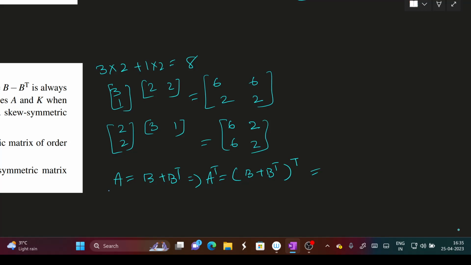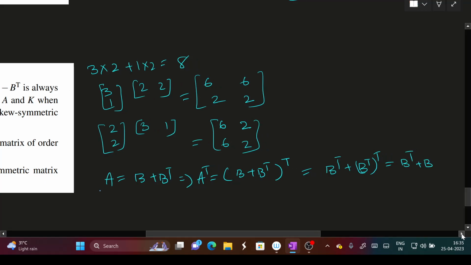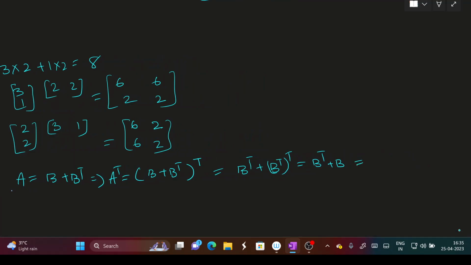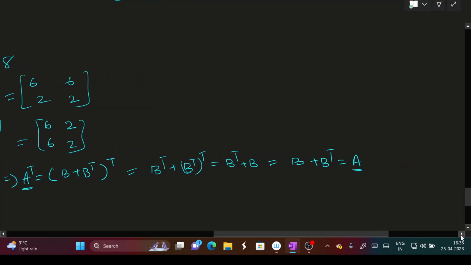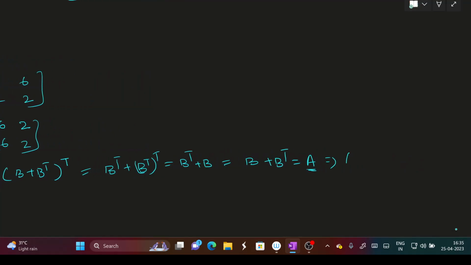That is equal to B transpose plus B transpose transpose, that is B transpose plus B. But matrix addition is commutative, so I can write it as B plus B transpose, which is equal to my A. So we started with A transpose and reached that it is equal to A. So this implies A is symmetric.